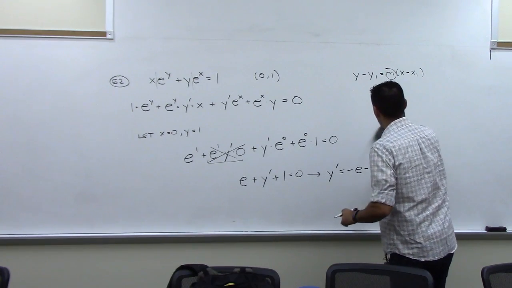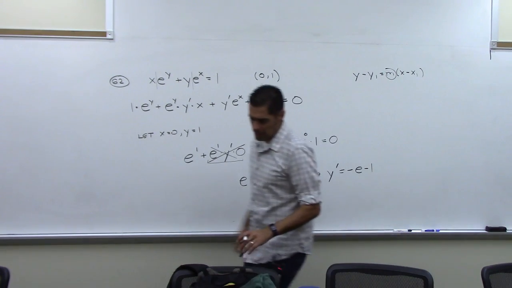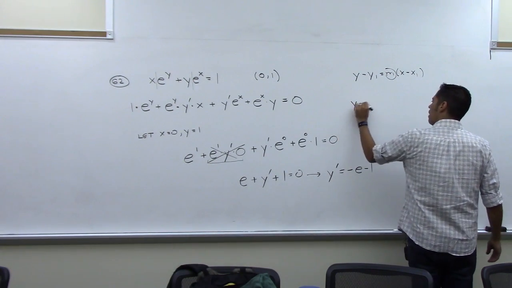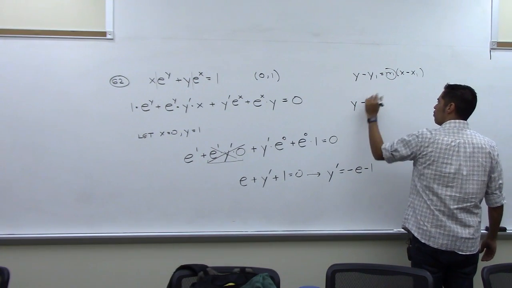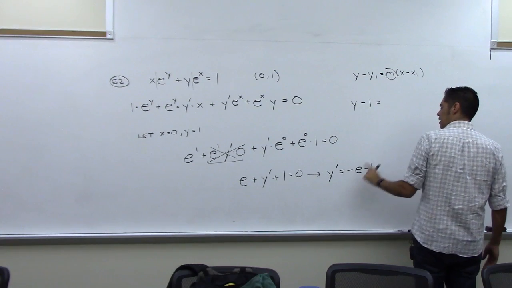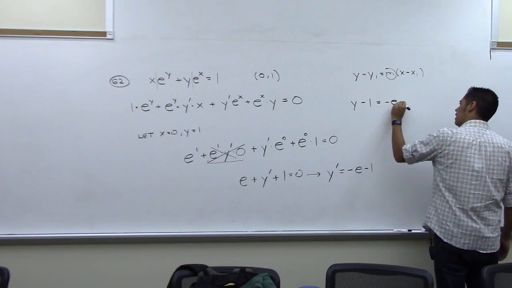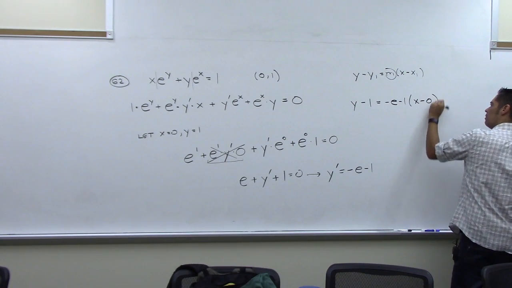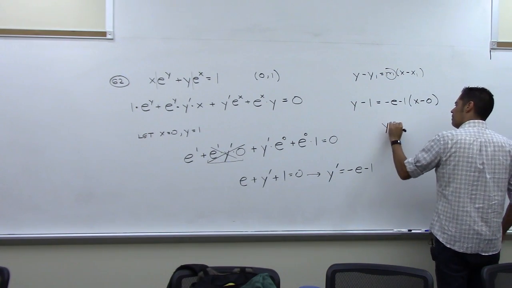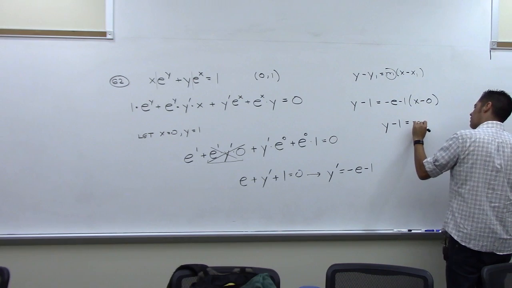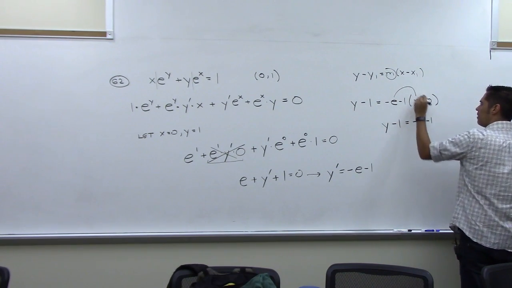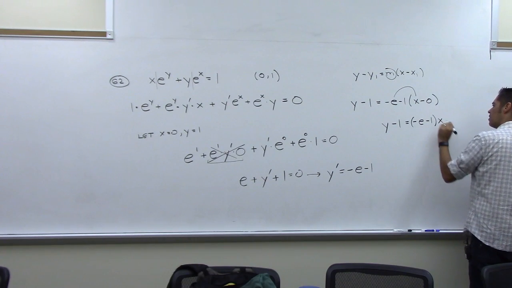So the equation of the tangent line is going to be y minus y1, which is 1, equals m, here's your slope, negative e minus 1, times x minus x1, which is 0. So you get y minus 1 equals negative e minus 1, that's this. Distribute that through to x, so times x.